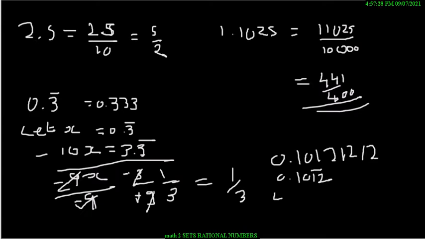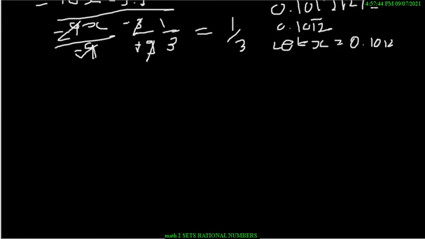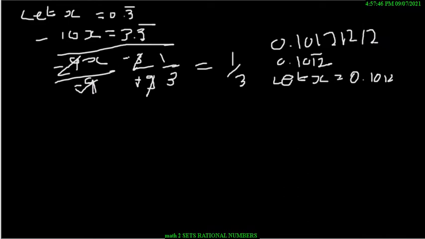So we say let x be equal to 0.1012 bar. From here, we have to move the decimal place.